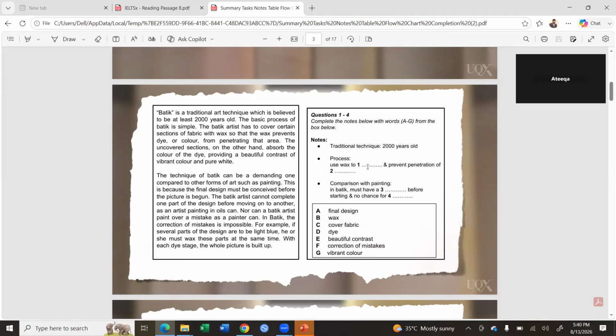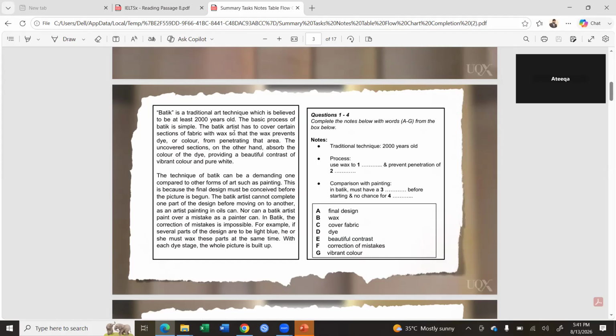Use wax to what? To prevent dye, right? Or color, right? But here is no option as color, right? The batik artist has to cover certain sections of fabric with wax.